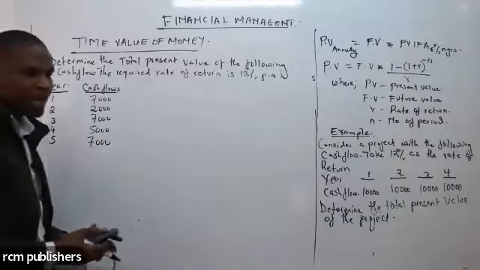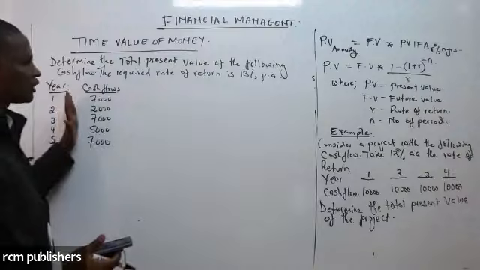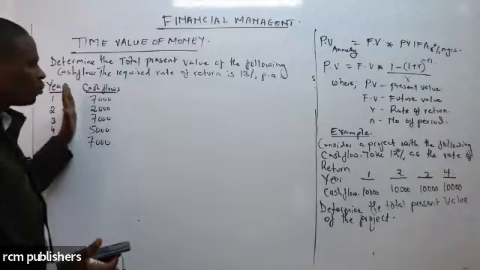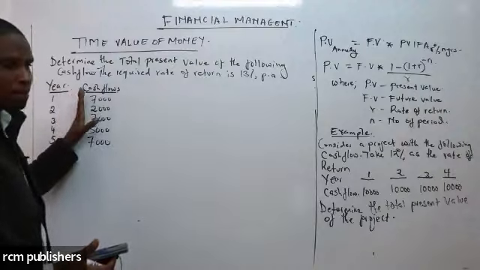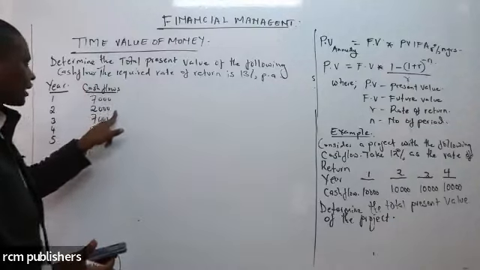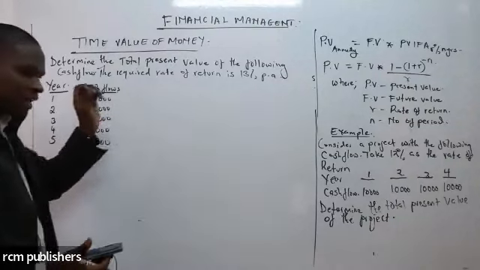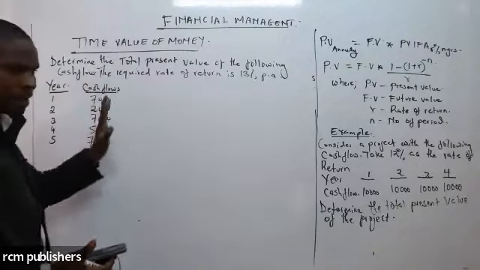Sometimes the examiner will give you a cash flow which looks similar, whereby one of the years has a cash flow different from the rest, but the others are similar.